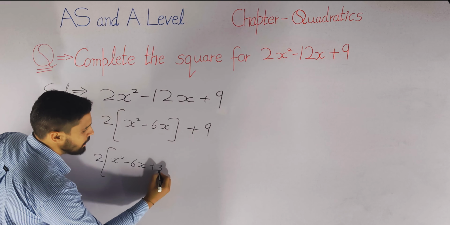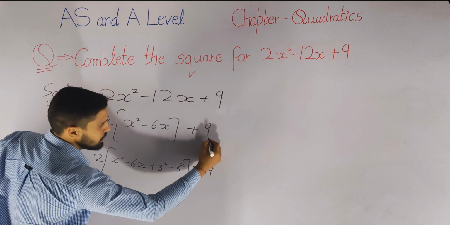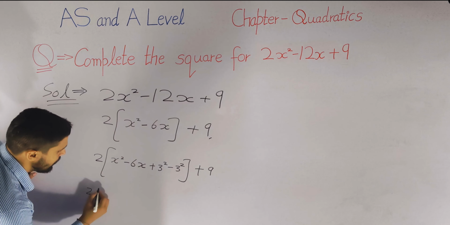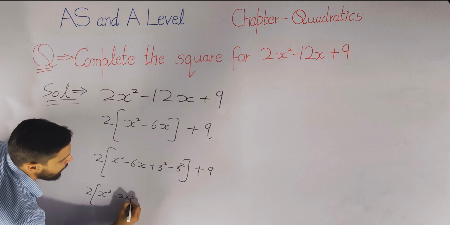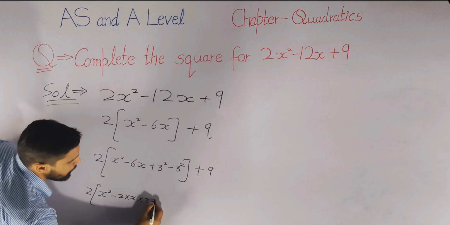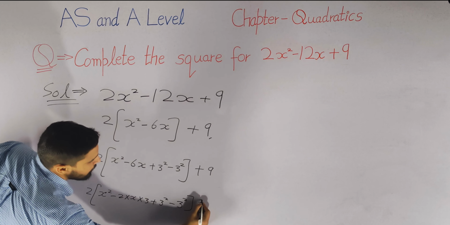Now we will add 3 square and subtract 3 square, and add this 9 as it is. Here we can write this as x square minus 2 into x into 3 plus 3 square, minus 3 square plus 9.